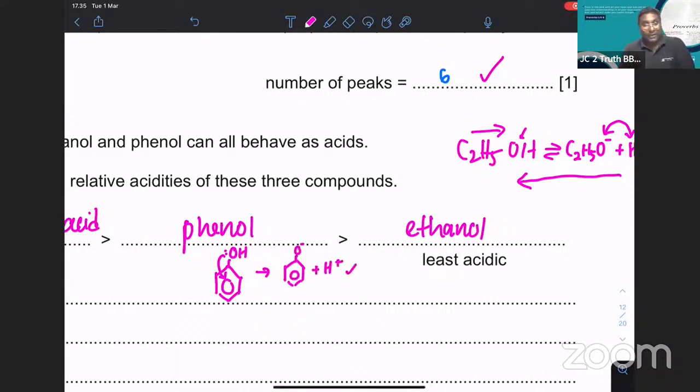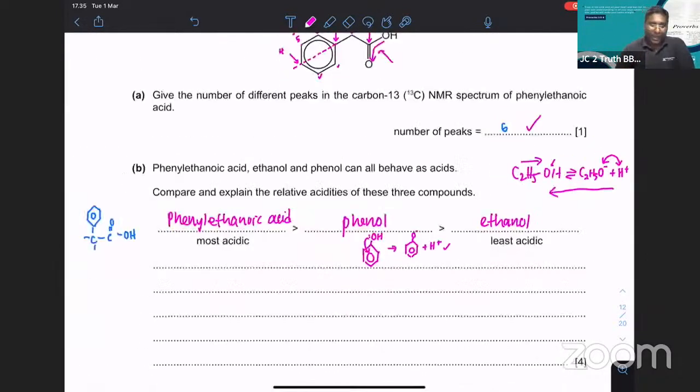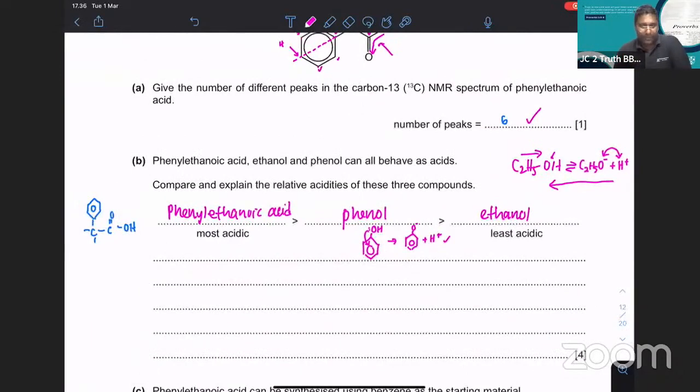So that's the reason why phenol is more acidic. If they ask you to compare and explain, when you explain, you need to explain like what I explained just now: the C double bond O, O, H. O is electronegative, so there is a negative inductive effect.